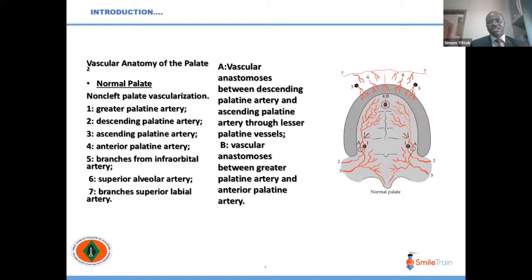When you have that in the palate, you end up with a fistula, or if it's complete, involving the different layers of tissue, you end up with that.